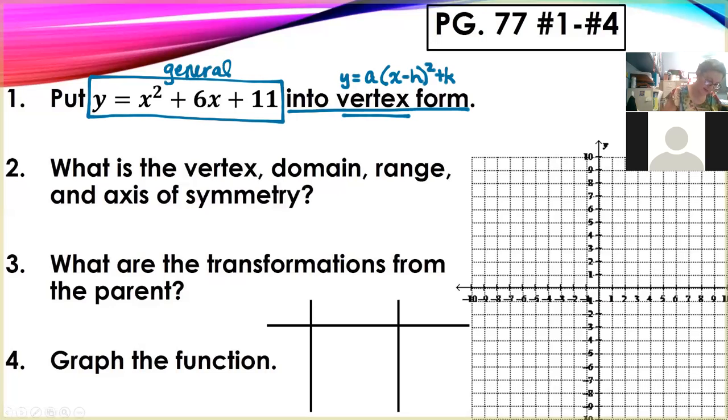Sometimes we call this standard form. Well, if I want to take it from the form that it's in right now and put it into this form, the thing that I notice about this form, it's got parentheses that are being squared. And so that gives me a tip off. Yes, that's absolutely correct. We're going to do parentheses around the A and the B. This is going to be the process of completing the square.